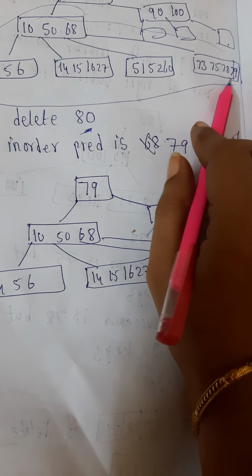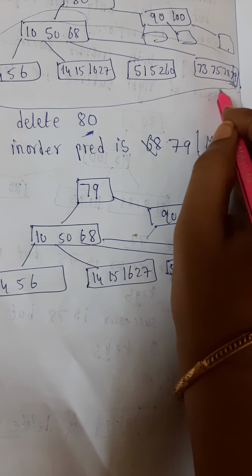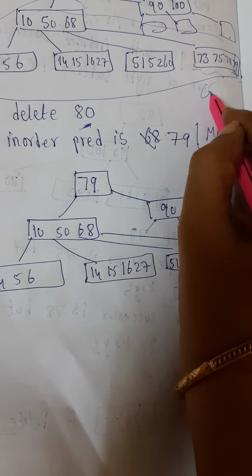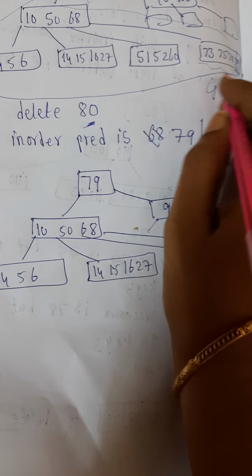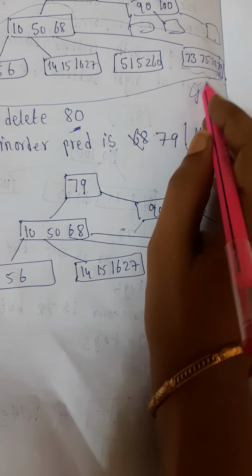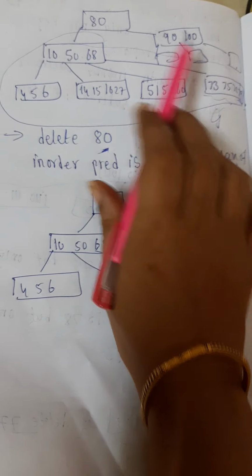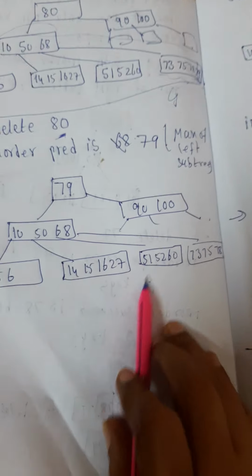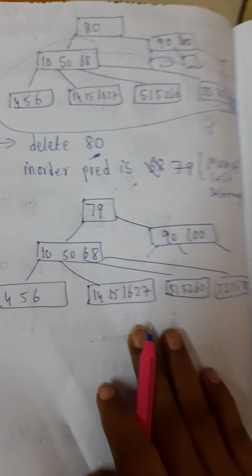The maximum is 79. How many keys do you have? 4. And if you delete 79 also, the property is not violated. So now what we do is replace 80 with 79 and delete 80, and the remaining tree stays as it is. You draw it completely. This is one case.